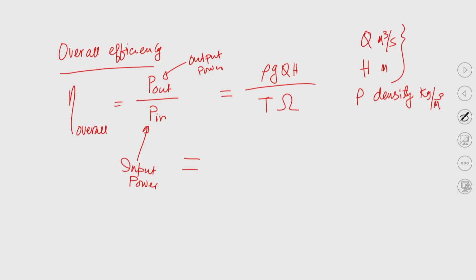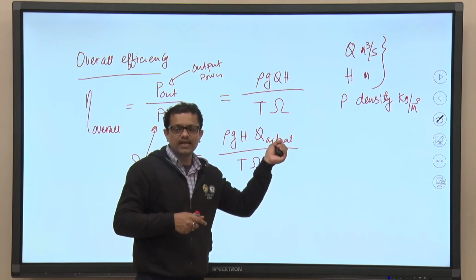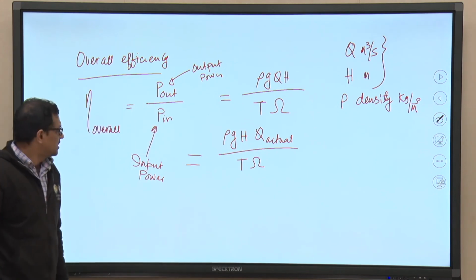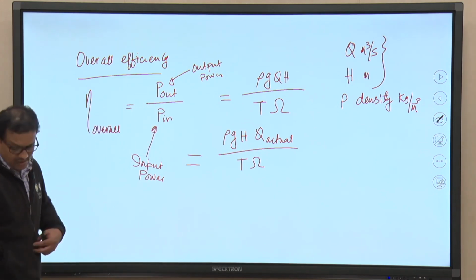Now, can I write this expression in terms of different quantities? Can I write rho g H into Q, mind it, this Q is the Q actual, divided by T into omega. This is not the ideal Q, because this is the Q which we are getting at the outlet, not the Q available at the eye of the impeller. So this is rho g H Q actual by T omega.